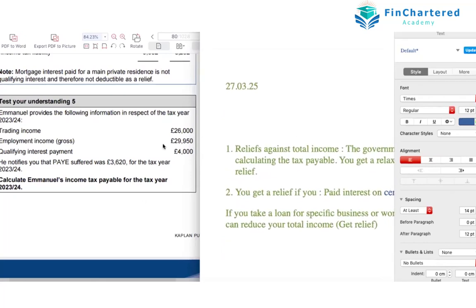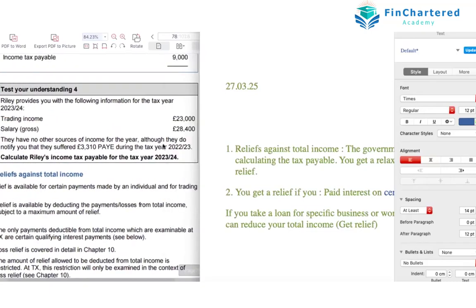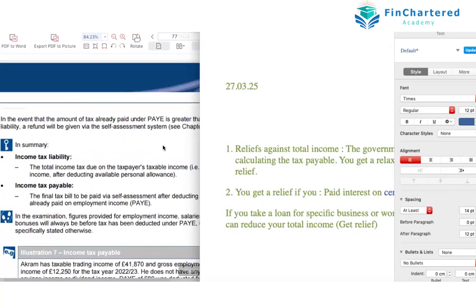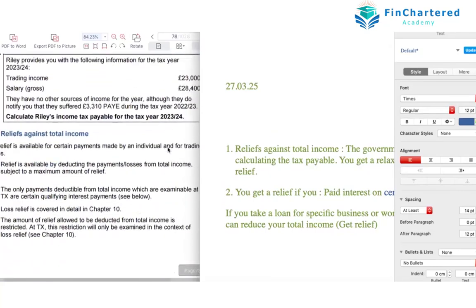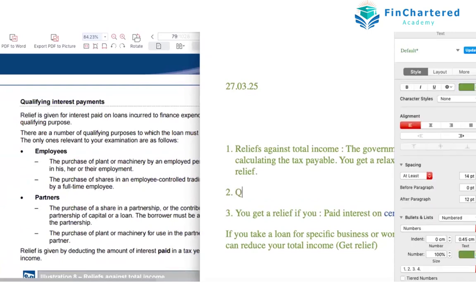Right. So on the 27th of March, what have we looked at till date? We've looked at reliefs. I think we started from reliefs, right? We looked at qualifying interest payments, which is again part of reliefs. You get a relief on qualifying interest payments, not on all interest payments.